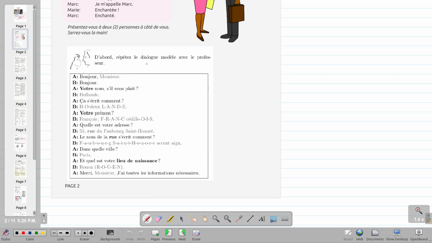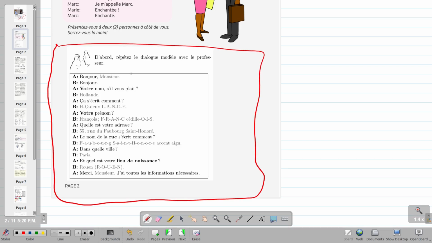Let's see this part of the page. It seems to me like a gentleman showed up and is being interviewed in an office setting or something like that, you know. Let's just take it to be that. D'abord, répétez le dialogue modèle avec le professeur.